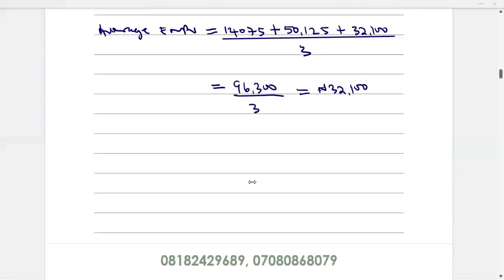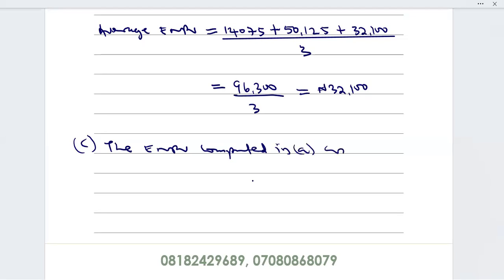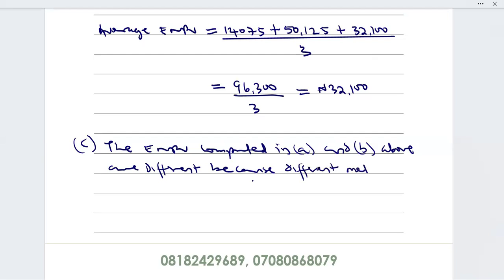So number C. The expected NPV computed in A and B above are different because different methods are used.